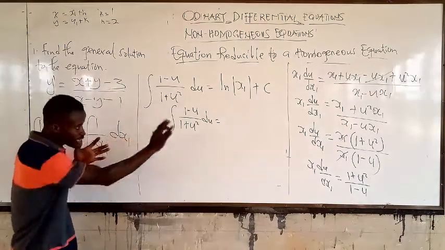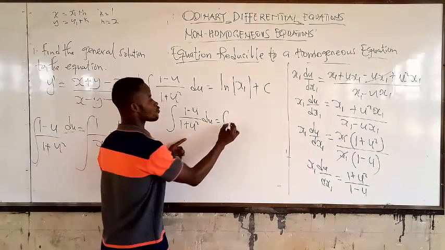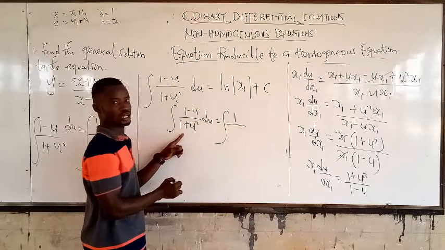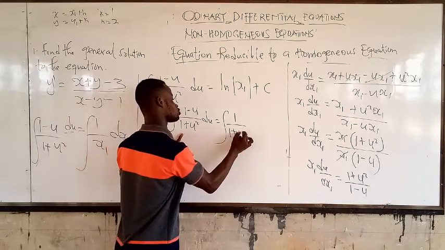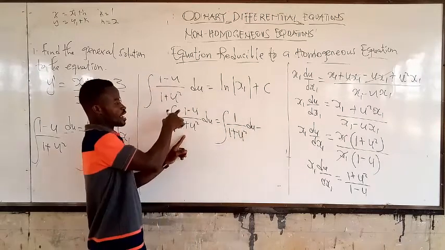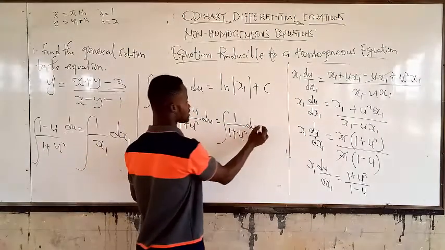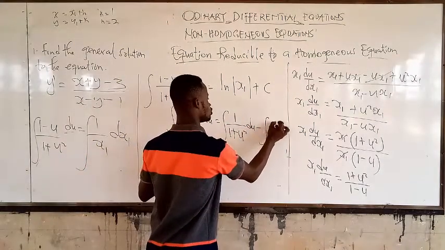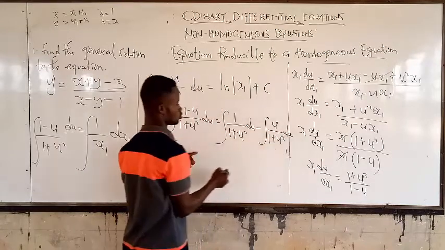So let's split this. So when you split it, you are going to get the integral of 1 over 1 plus u squared du minus, because it's 1 minus, hope you know how to split it. Then we get the integral of u over 1 plus u squared du.